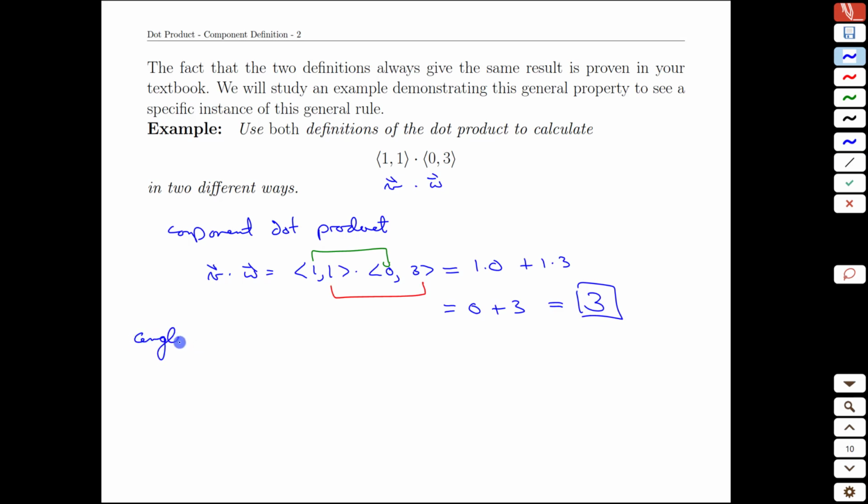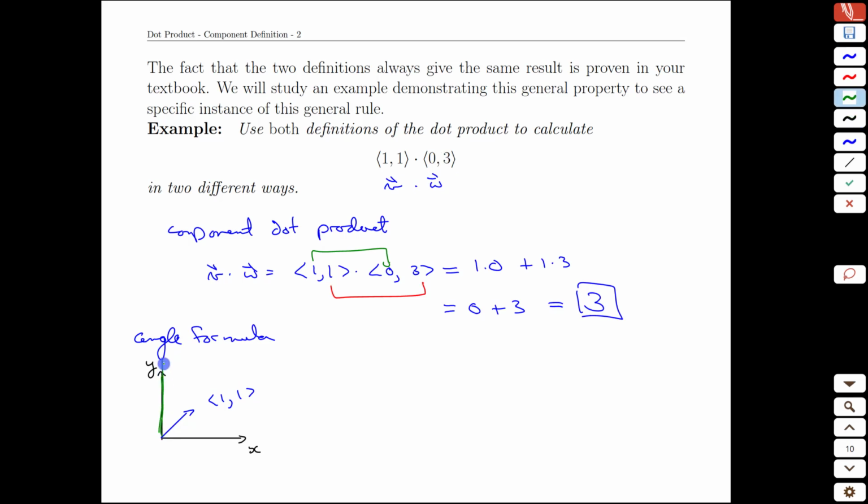Well, if you look at the angle formula, we're going to need to draw those two vectors. And again, notating where we are, here's x, here's y. The 1, 1 vector is up at a 45-degree angle. And the 0, 3 vector is all vertical.